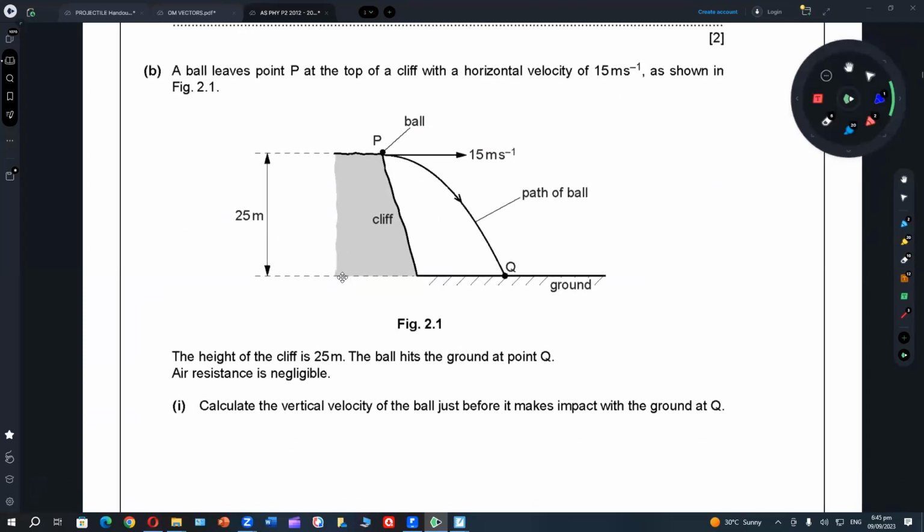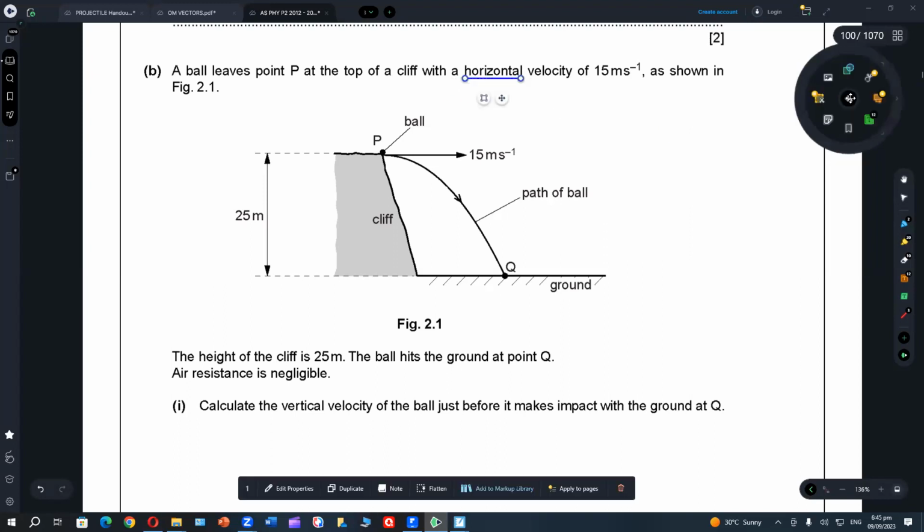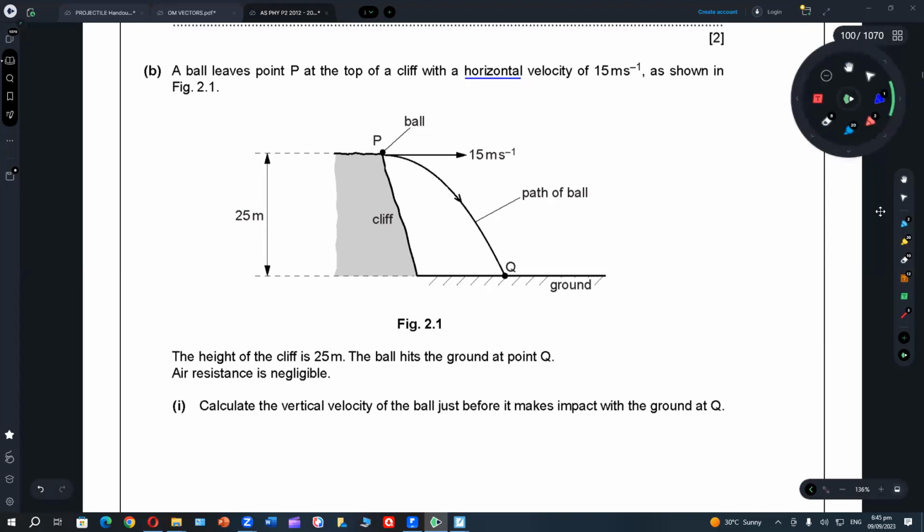It's a projectile. A ball leaves point P at the top of a cliff with a horizontal velocity of 15. This is projectile motion, and this is called a category of half projectile. Height of the cliff, air resistance is negligible.